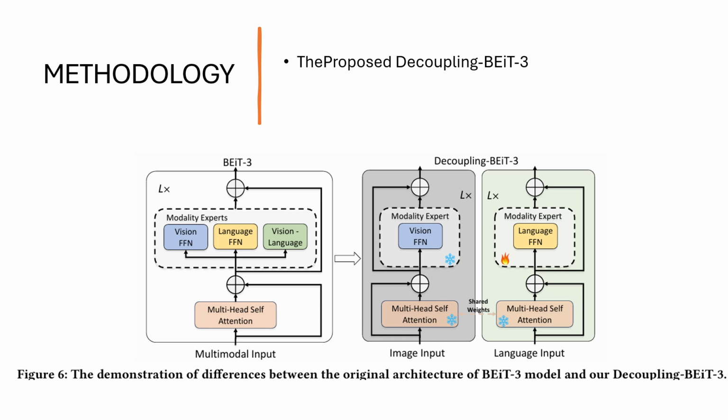Our decoupling BEiT-3 architecture removed the vision-language expert, as shown on the right side of Figure 6. This design is motivated by three primary considerations. First and most importantly, without the VL expert, we decouple the encoding of visual and text input and transition from model-based similarity inference to vector-based distance computation, which is significantly faster.